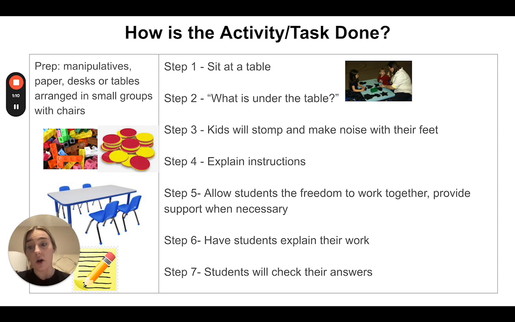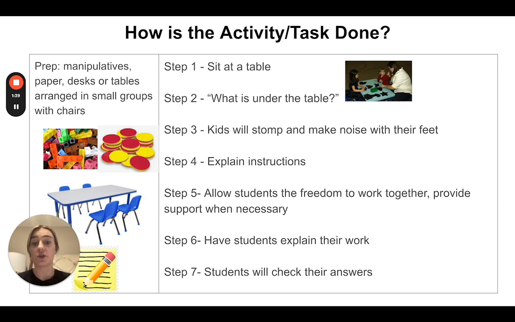The instructions are that without looking under the table, they're going to use math manipulatives to think and represent how many feet are under there. The catch is that they have to represent how they solved their problem and represent what they did on their paper so that they can explain it, and everyone needs to have something on their paper.